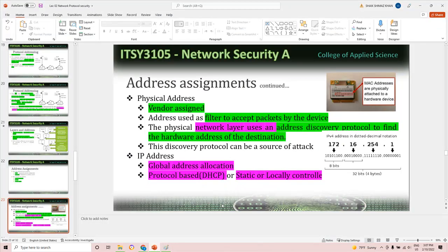So this is the third point. The network layer uses an address discovery protocol, for example ARP, to find the hardware address. So using the IP, ARP can find the MAC address.